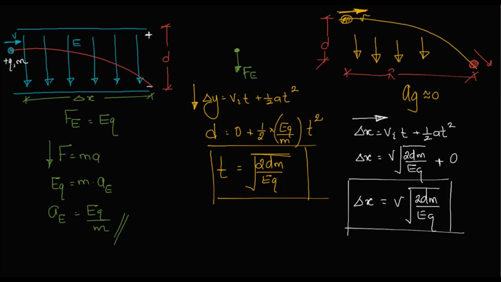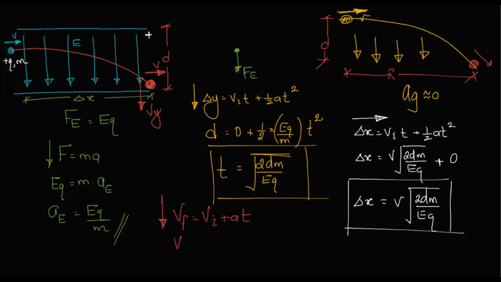The next thing that we can find out is at this point, we know that horizontal velocity will be conserved, so that is v, but there should also be a vertical velocity, so let's call it vy, right? If I want to find the final vertical velocity as it hits the bottom plate, I can use vf equals vi plus at in the downwards direction.